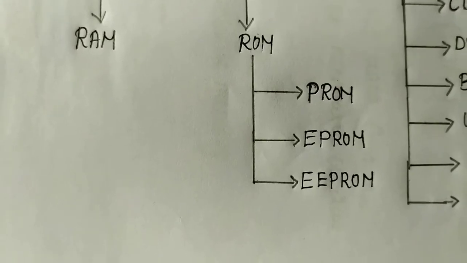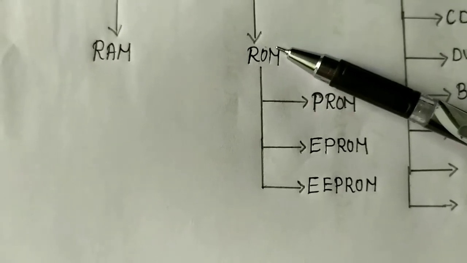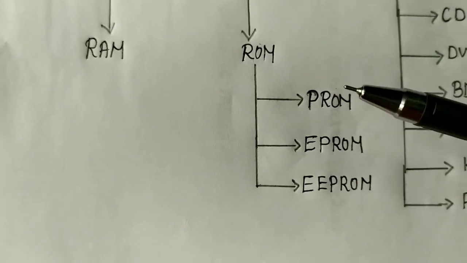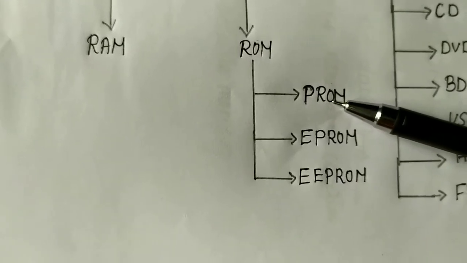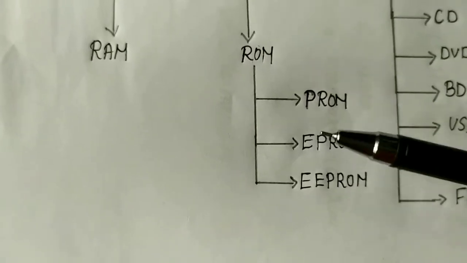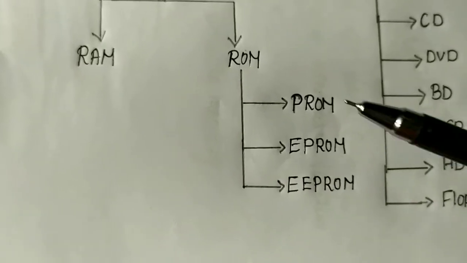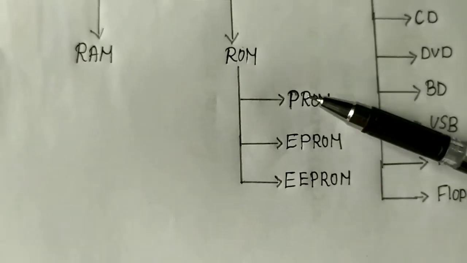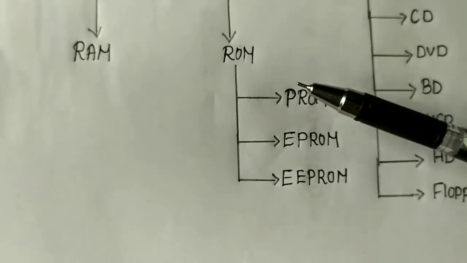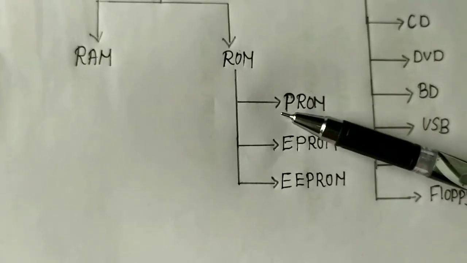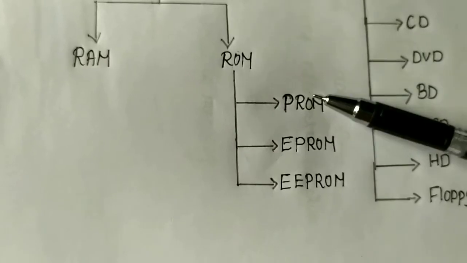Different types of ROMs are available. Some of the important types are PROM, EPROM, EEPROM. PROM means programmable read-only memory.